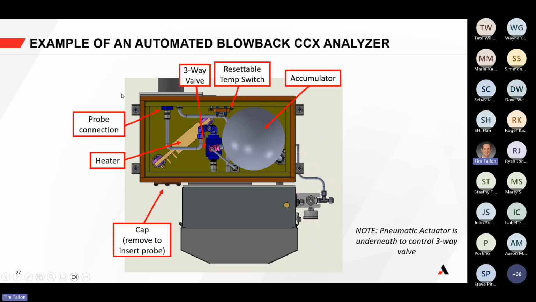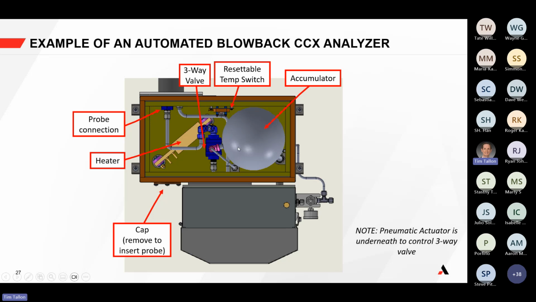Now, an example of a blowback analyzer would be sort of like this, where you see a massive accumulator ball in the back, and that accumulator ball holds high pressure air, typically above 80 psig, and that high pressure air is heated with a heater, so it's maintained at high temperatures.